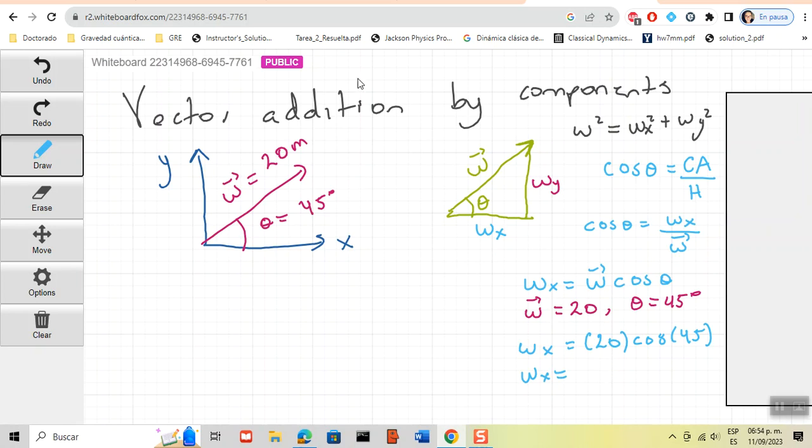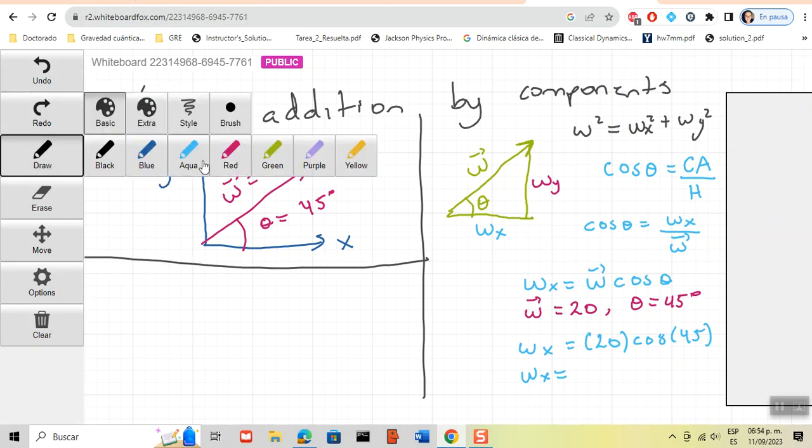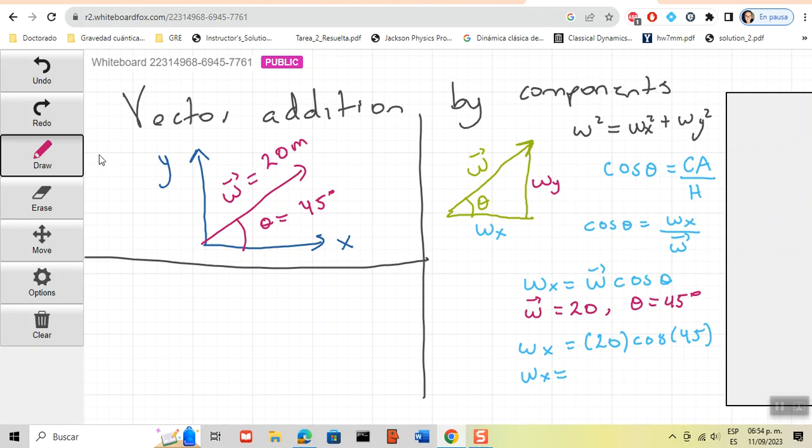Then what we're gonna do, guys, and I'm gonna use a different color for this, is now do the same procedure, but for Wy, okay? I'm gonna change the color because it could be mistaken for the original vector.